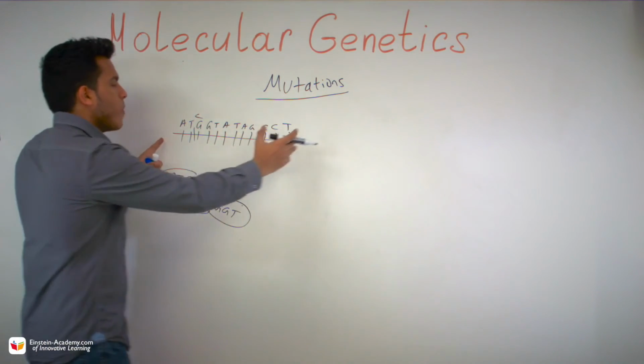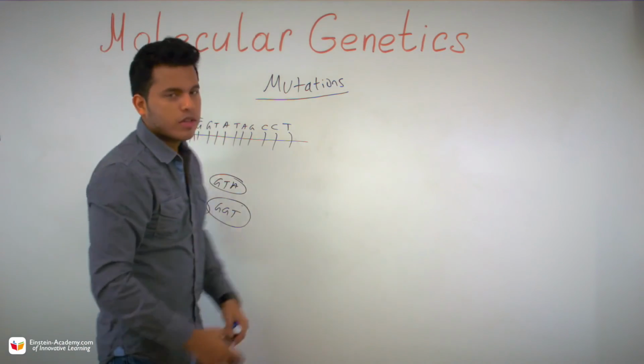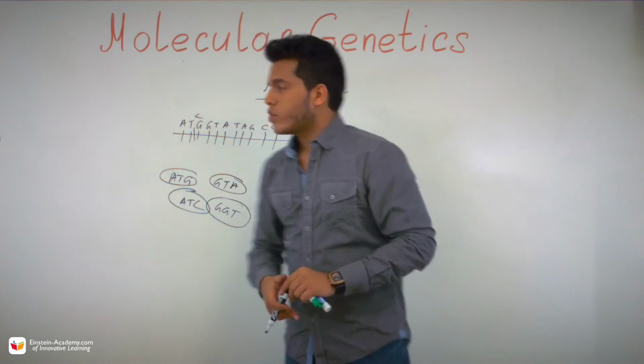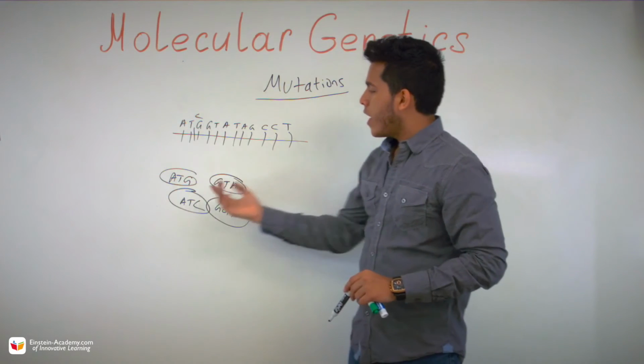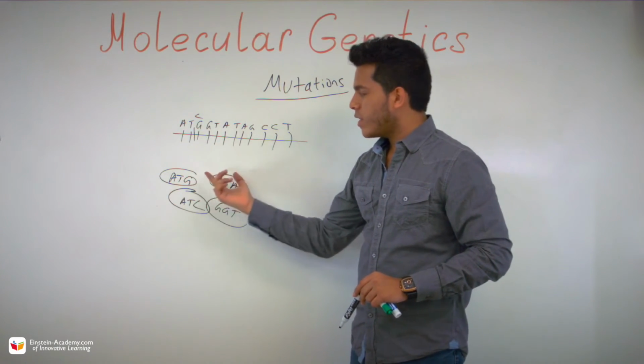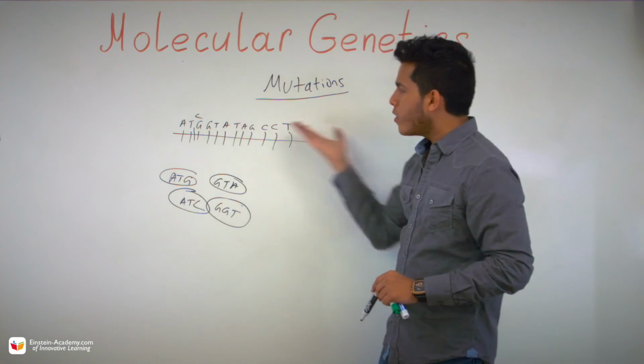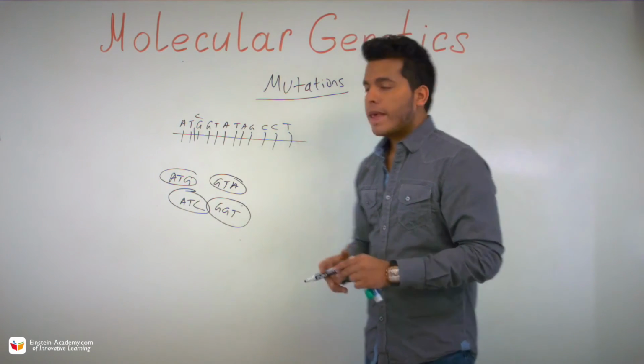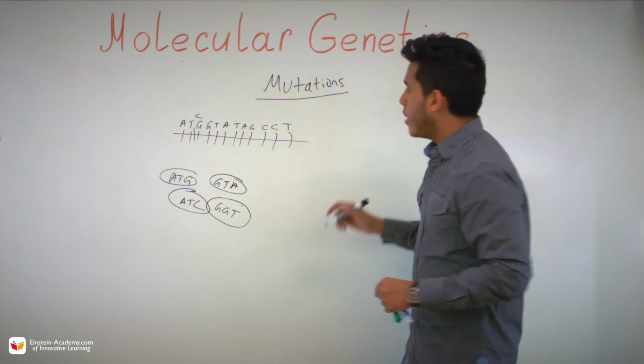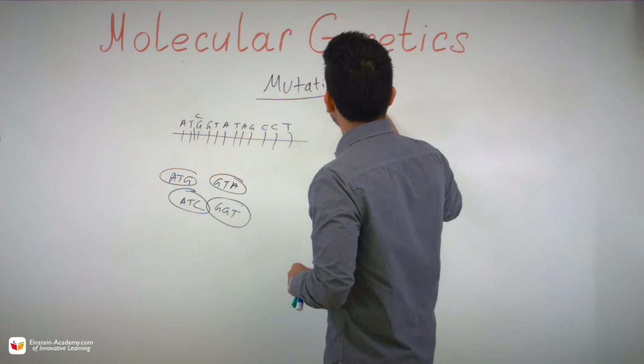I'm talking about the DNA strand, I don't have to talk about the mRNA strand, but you can still get the idea that we've now significantly changed this entire instruction. This is called a frameshift mutation.